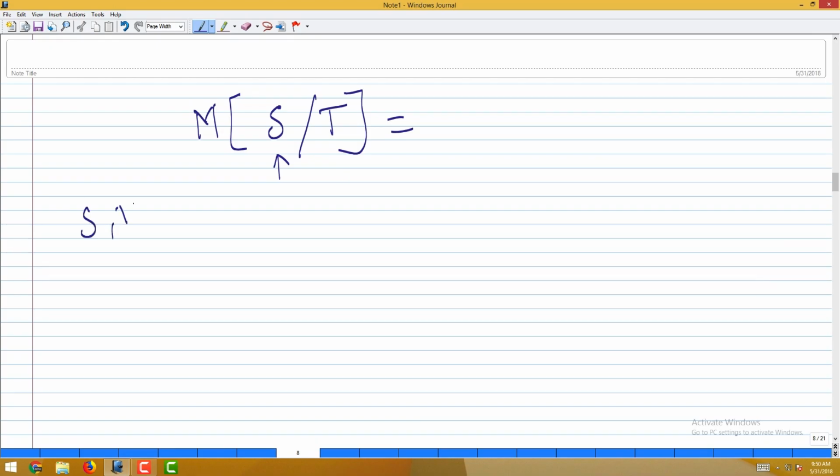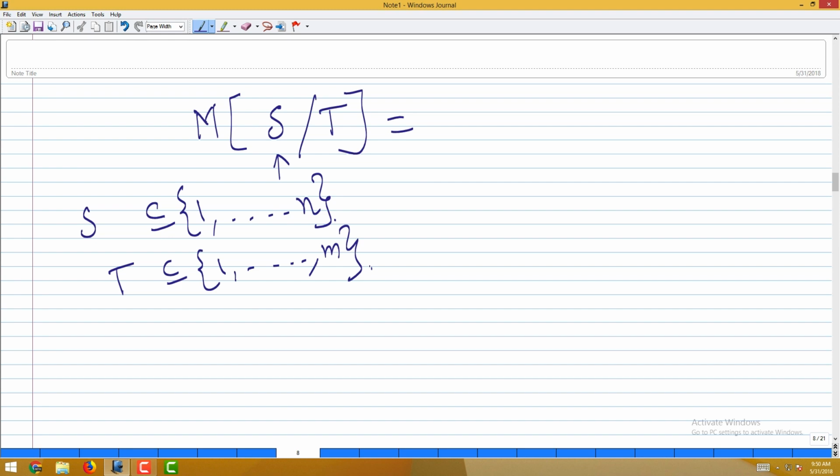S and T are subsets of the numberings, row numbers 1 to n, or in fact, if it is not a square matrix, then I can just talk about in general submatrix, right. So far I did not say anything.